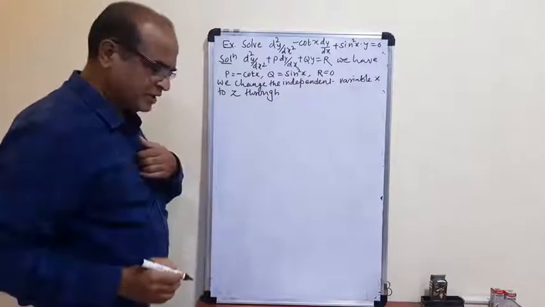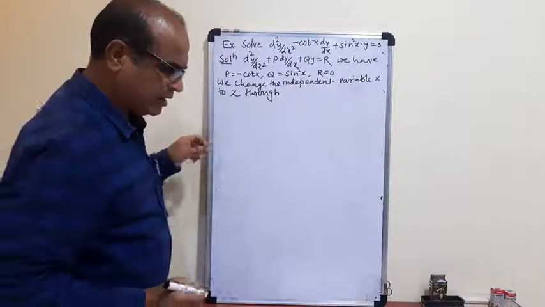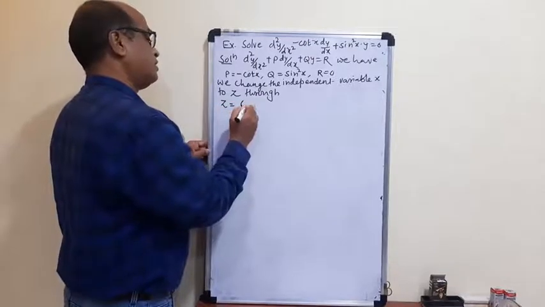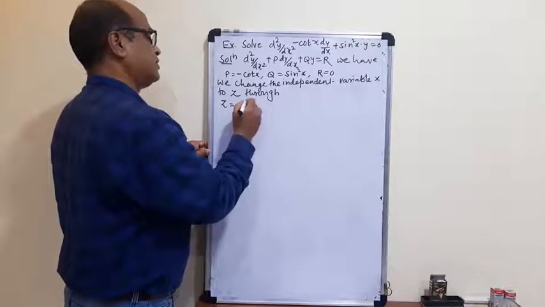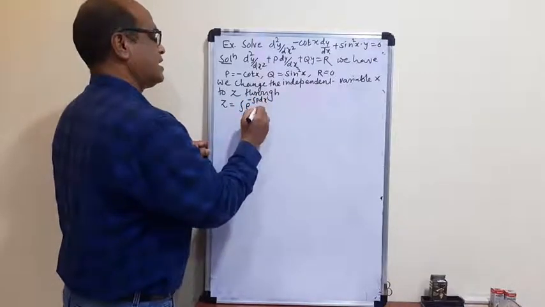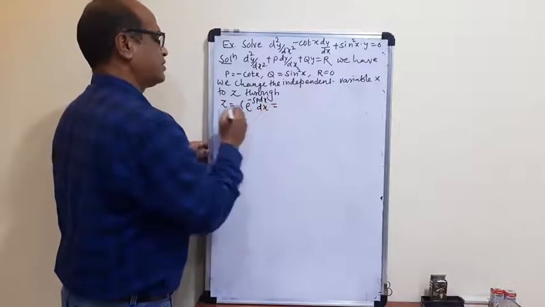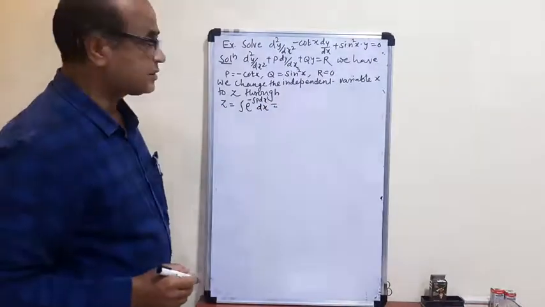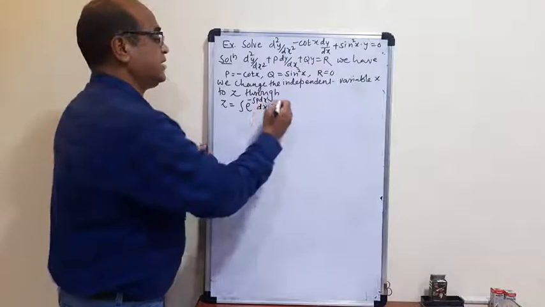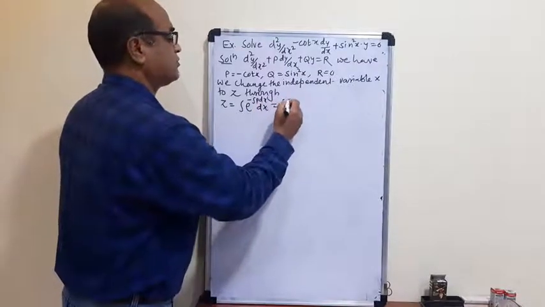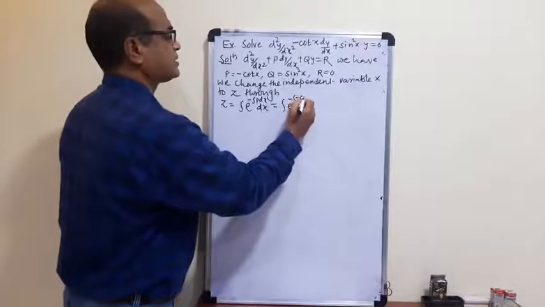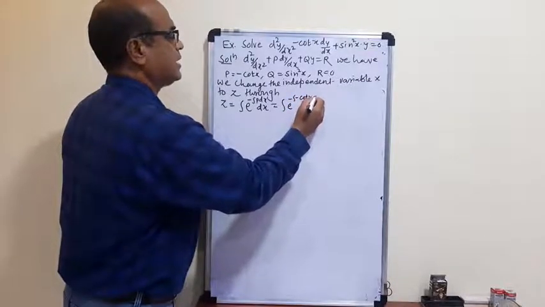What is the formula here? z is equal to integration of e raised to minus integration of P dx. Okay, so this is a very important formula. So substitution here: the integration of e raised to minus, what is P? P is minus cot x, dx.